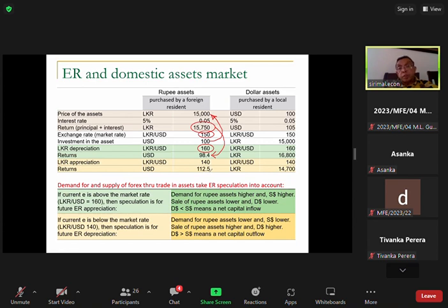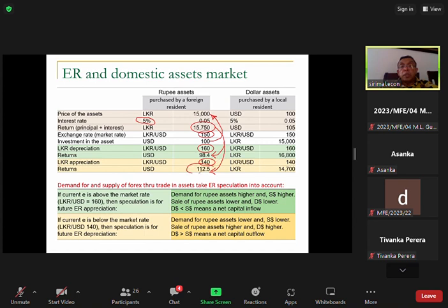because of depreciation. If it is an appreciation, the next two rows will show what will happen, because with appreciation to 140 rupees a dollar, in that case he will make extra profit, not only because of the coupon rate of 5%, but also he will get additional money because of the exchange rate appreciation.